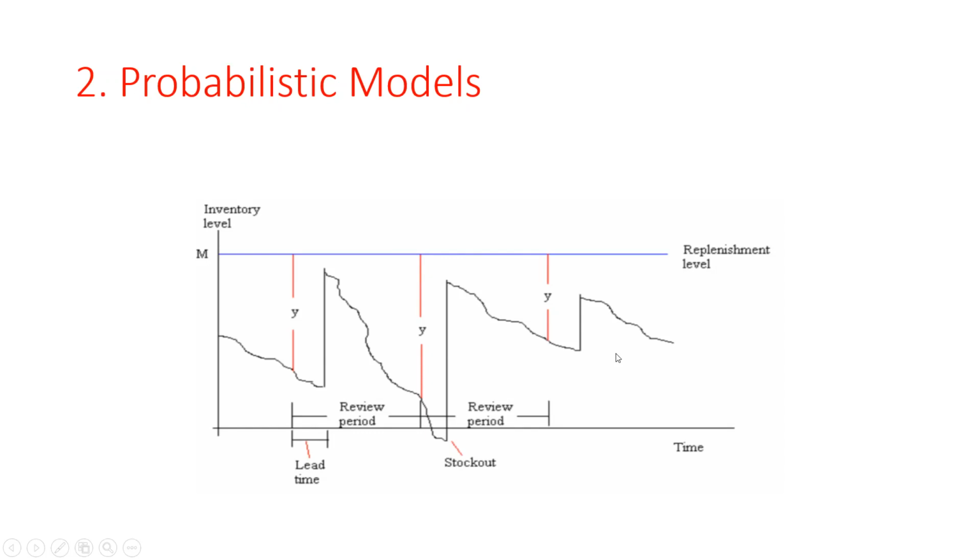The time between periodic reviews is predetermined and fixed. The decision variable in this periodic review model is the replenishment level, or maximum level.